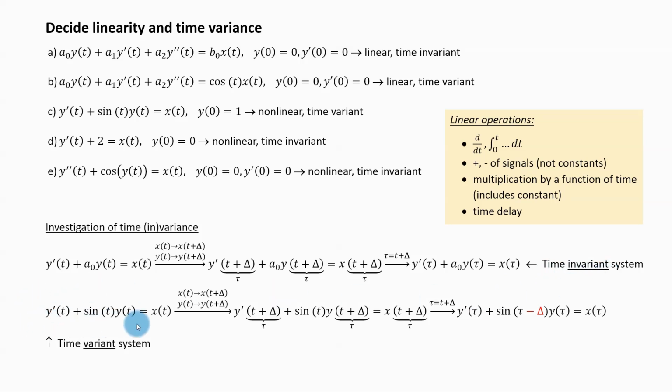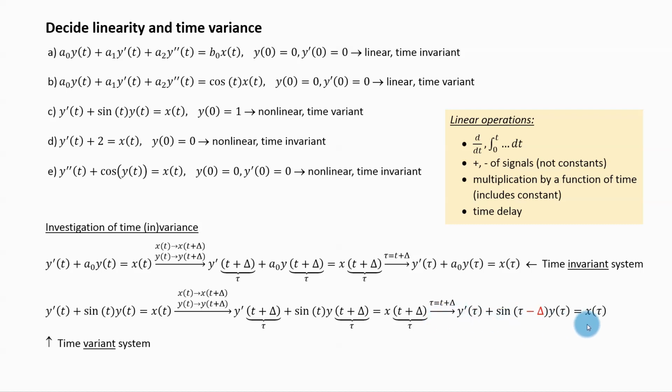Now what about this system? Again, I will make the substitution where I will change x of t for this time-shifted version and y of t for this time-shifted version. When I do that, I will get this. And again, I will denote t plus delta as tau. I will make this substitution, and when I make this substitution, I will get this. Here note that with this substitution, this t will become tau minus delta.